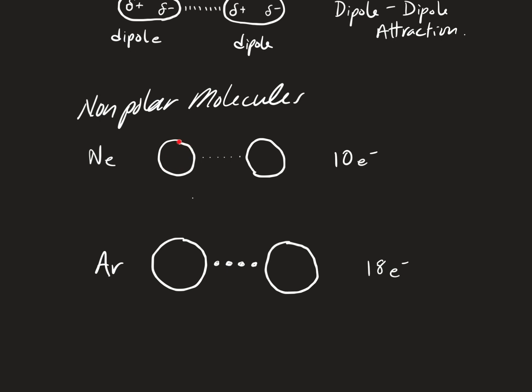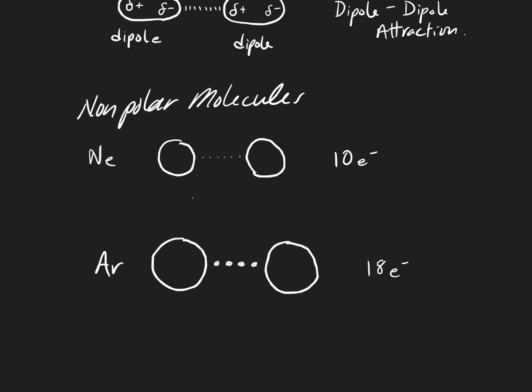Now, there's nothing keeping these electrons from maybe being, let's say, heavier on one side than on the other side. They might cloud up more. If they're existing as clouds around these atoms, they might form heavier clouds in one instant than in another instant.